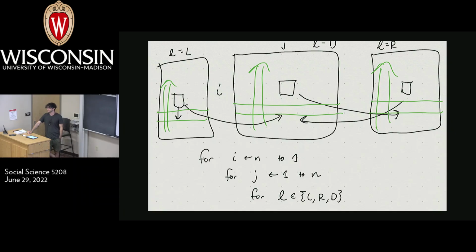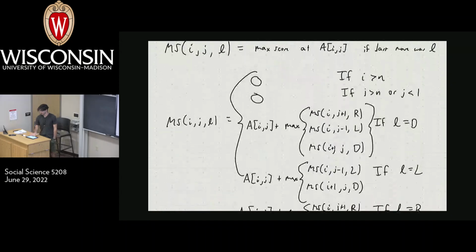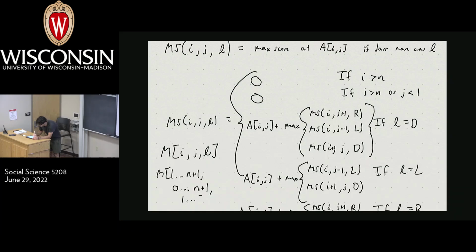Yes? How do we know if we end up with a 1D, a 2D, or a 3D picture? It's just whatever needs to hold these subproblems. So to hold these subproblems, you'll have an entry in your array for each i, j, and L. So it's going to be 1 through n plus 1, 0 through n plus 1, because j can go over either side, and then L is 1 to 3.